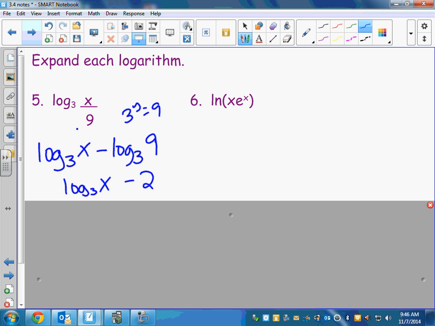What about number 6? Multiplication breaks up into addition. So I could write this as ln of x plus ln of e to the x. So we could say this is where the inverse property comes in.